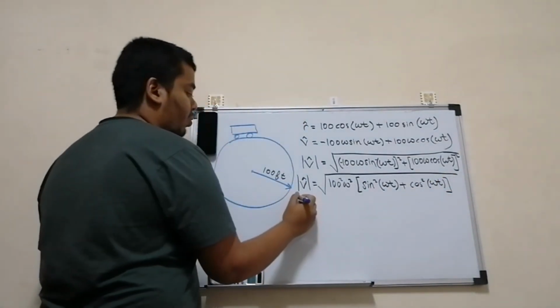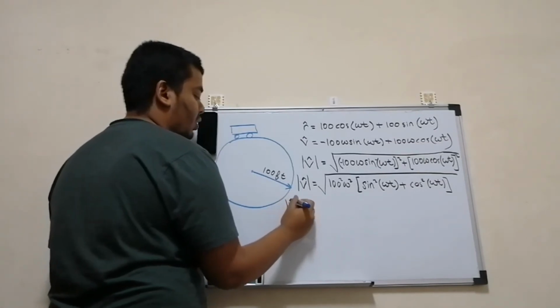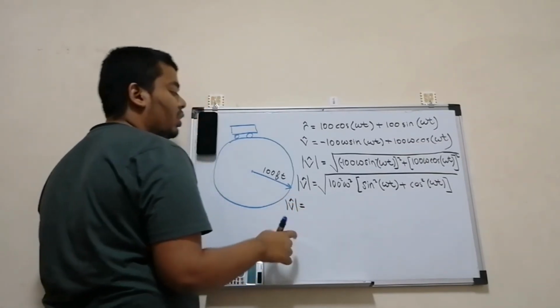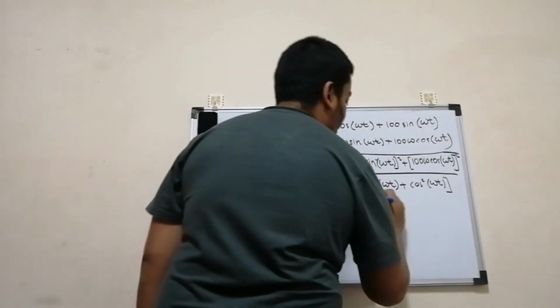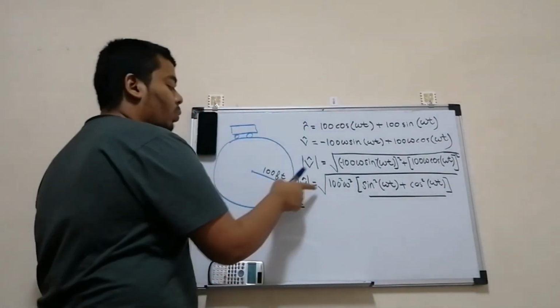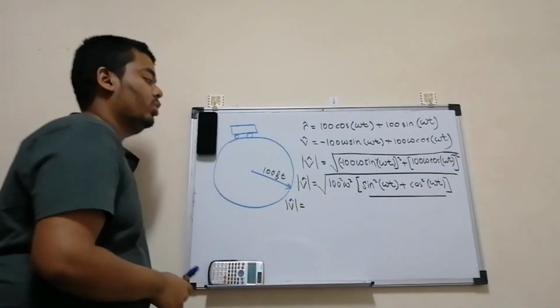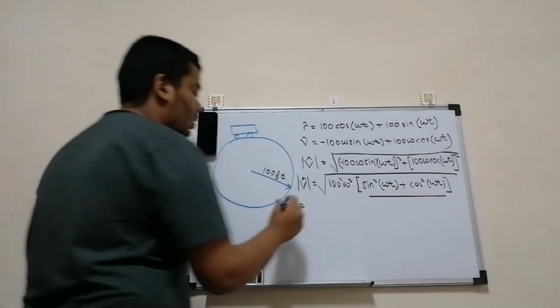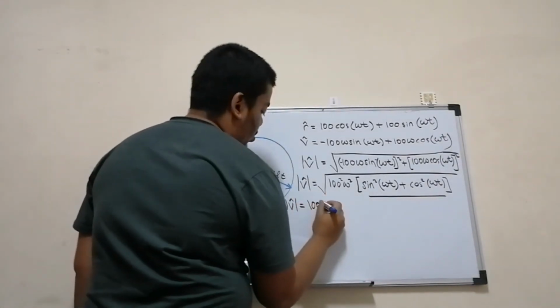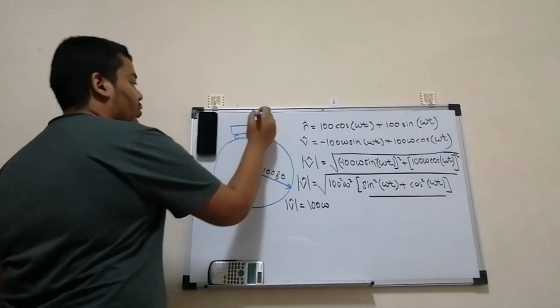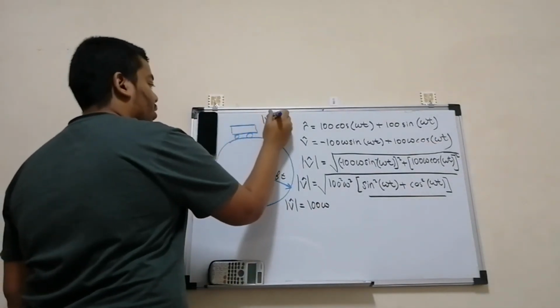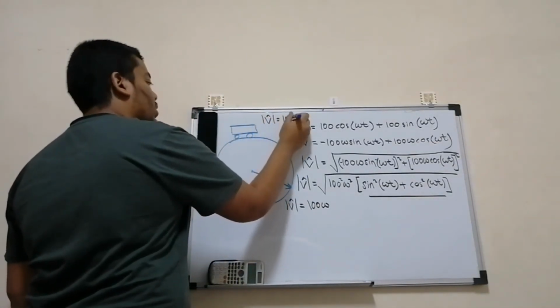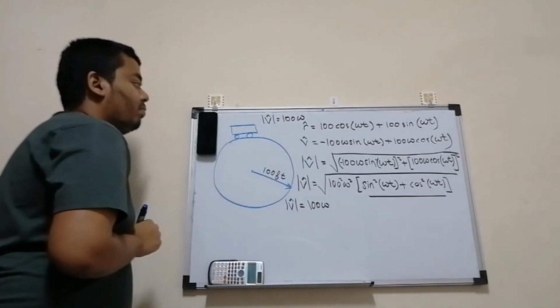This thing is actually 1. We're left with 100 square and omega square, and the square root of 100 square omega square is 100 omega. So the magnitude of the velocity is 100 omega.